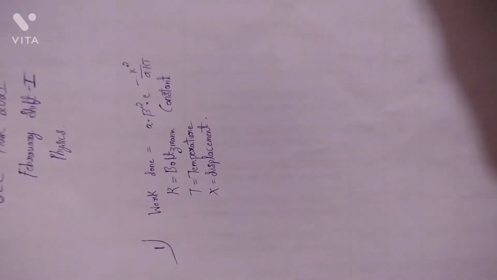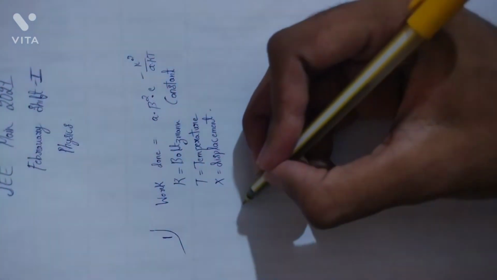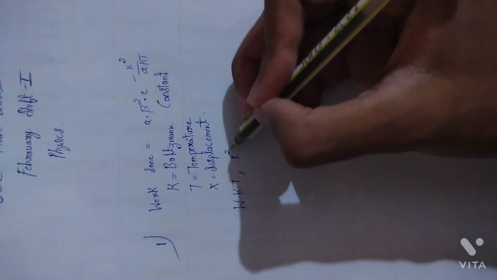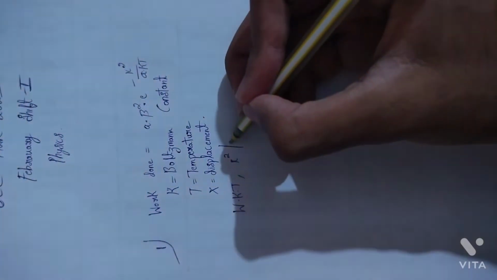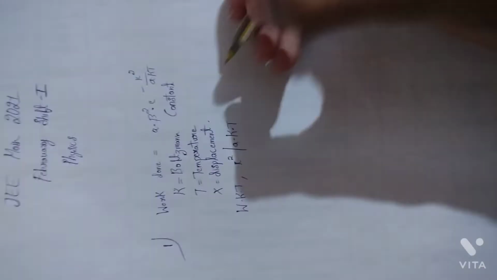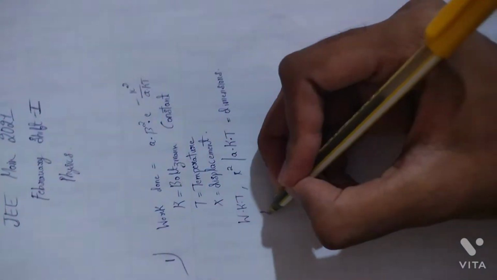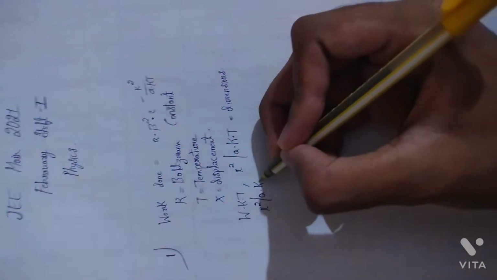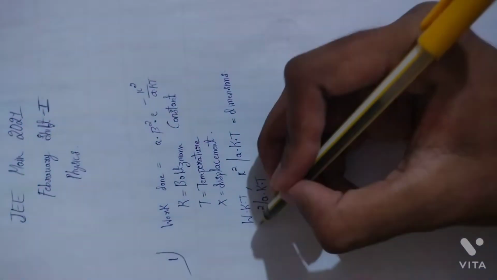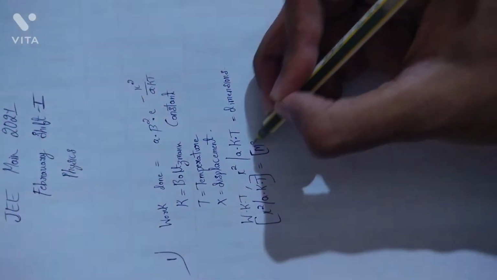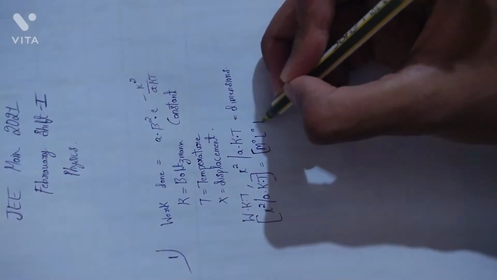We have to find the dimensions. We know that X square by A into K into T is dimensionless, so it is M naught L naught T naught.